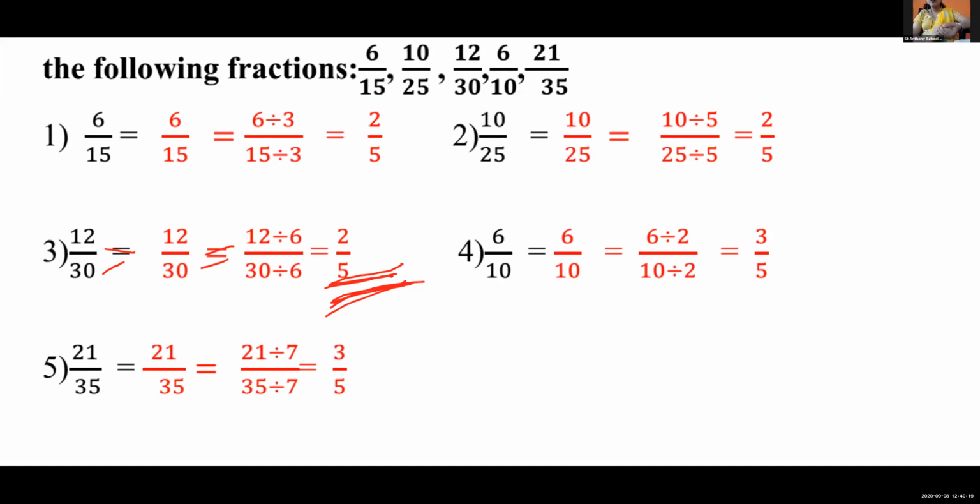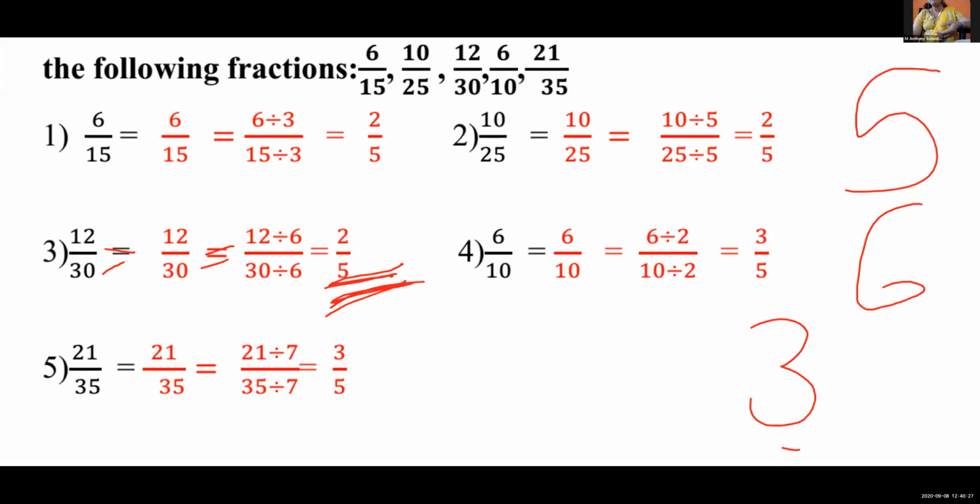If we take the 5 times table, 5 6s are 30. But we don't want denominator 6. What we want is denominator 5. So we have to find a table in which 30 comes at the fifth place.